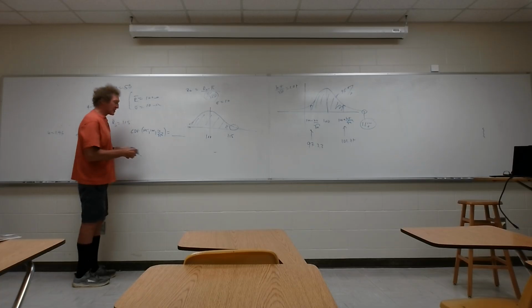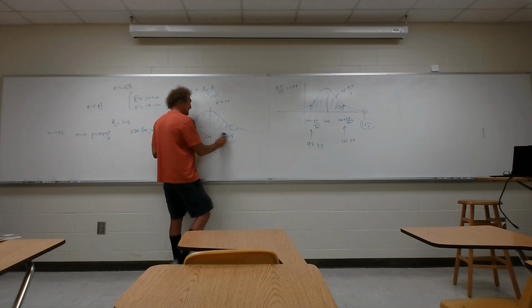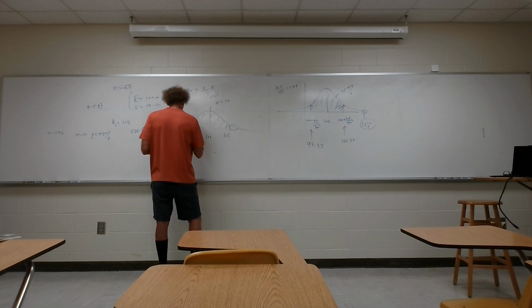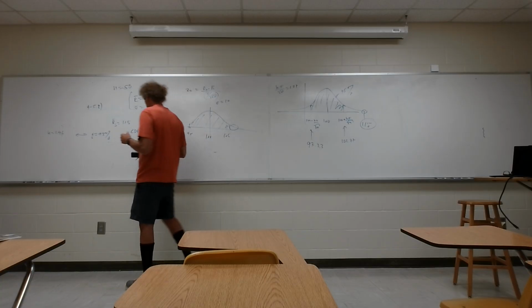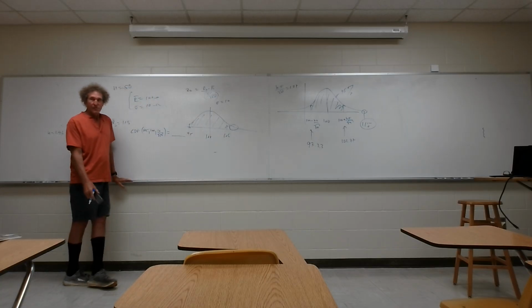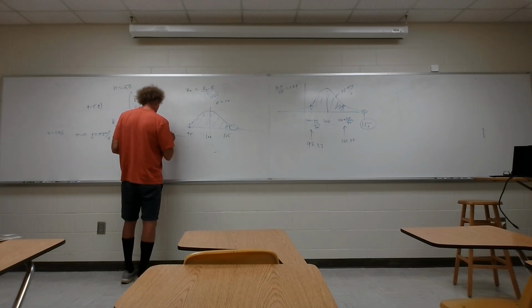like instead of 115, I had 105, then you could go through, just for curiosity, I'm going to say this is 105 and 95. What do you get for that? That can't be that bad. 0.9997.